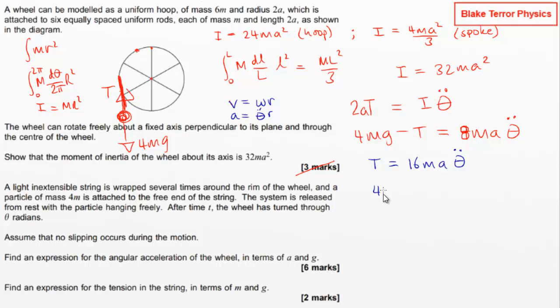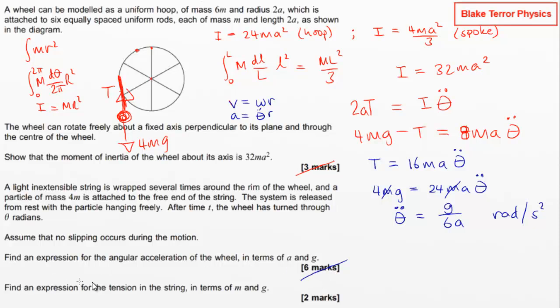So 4mg, if I add the 16ma theta double dot onto both sides, is 24ma theta double dot. Divide both sides by m, and then we can make theta double dot the subject. So we've got g over 6a. That is our angular acceleration, in radians per second squared, and that gives us the second part of the question.